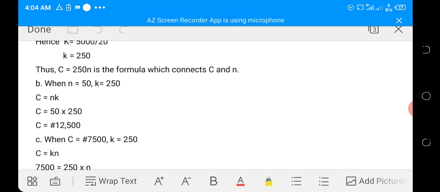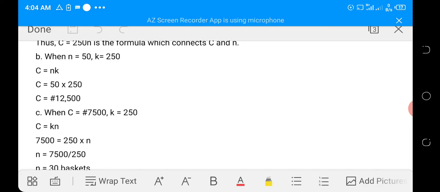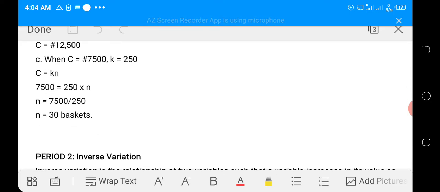Let's go to question C. We are to find how many baskets can be bought from 7,500 naira. Here, our C is now 7,500 naira and K is always 250, it is a constant. Using the formula, C is equal to KN, where C is 7,500 and K is 250, we have 7,500 is equal to 250 times N. Making N the subject of the formula, we have 7,500 divided by 250.